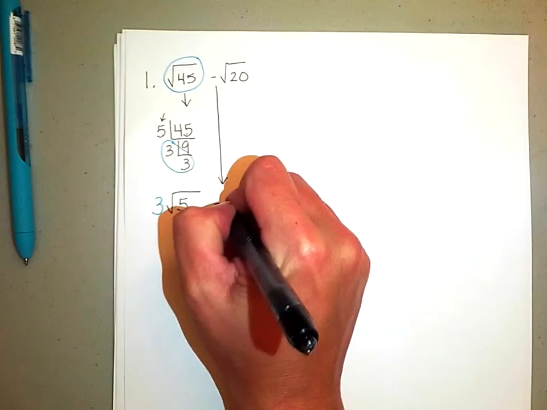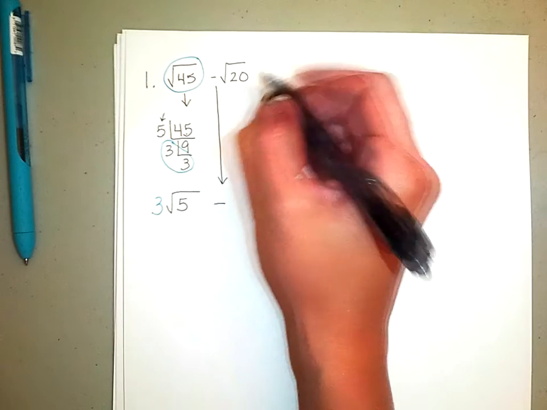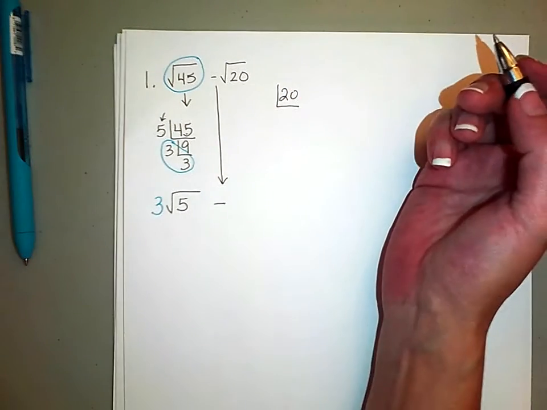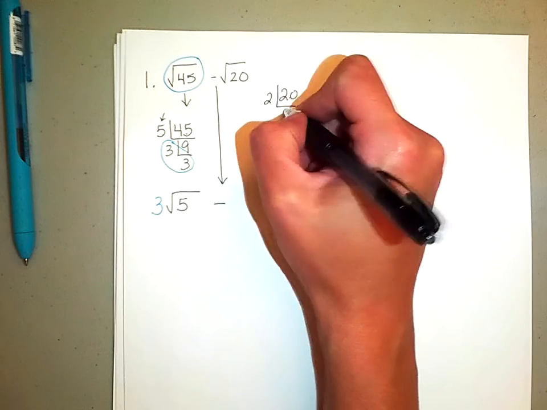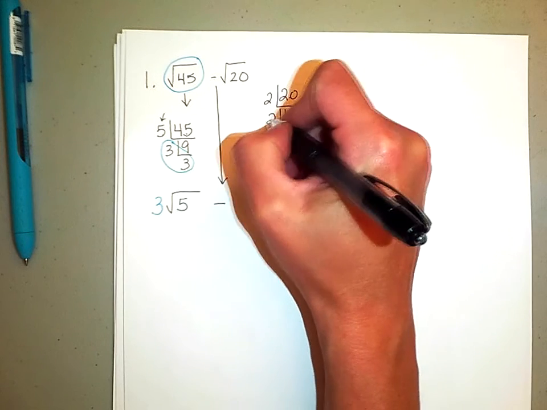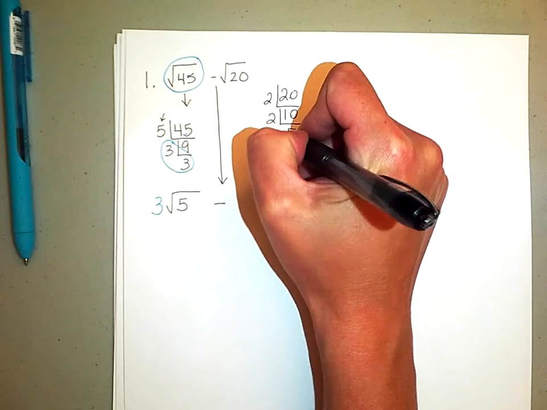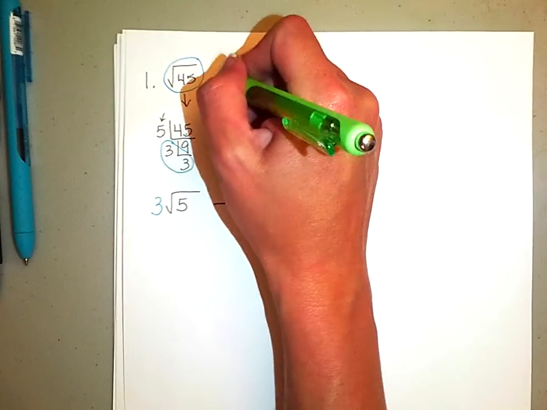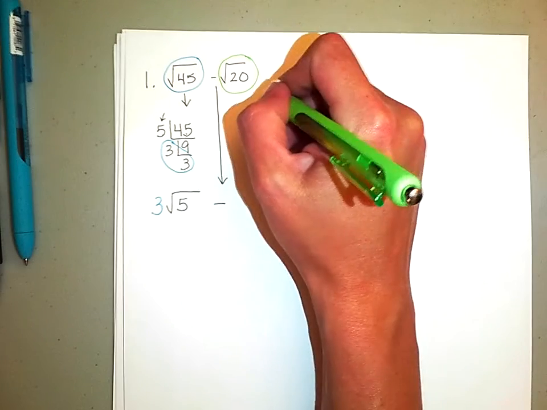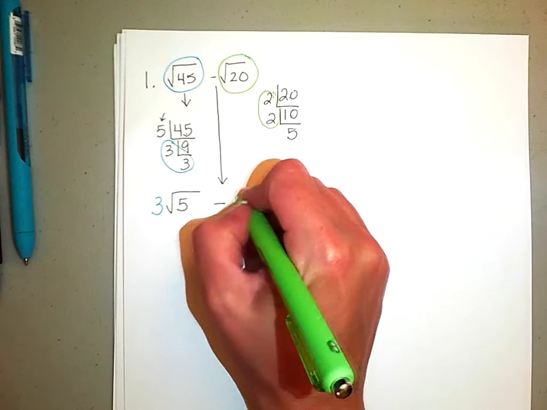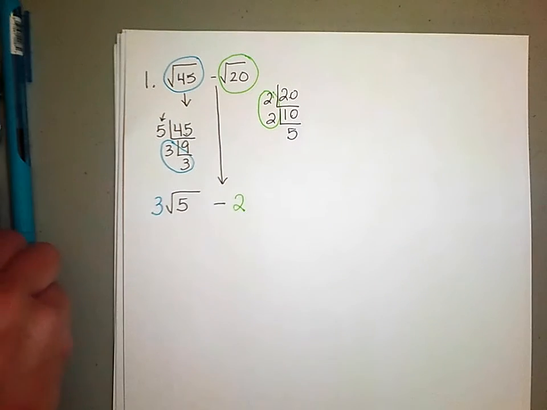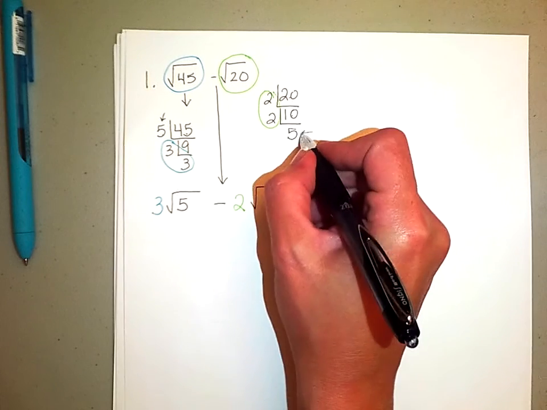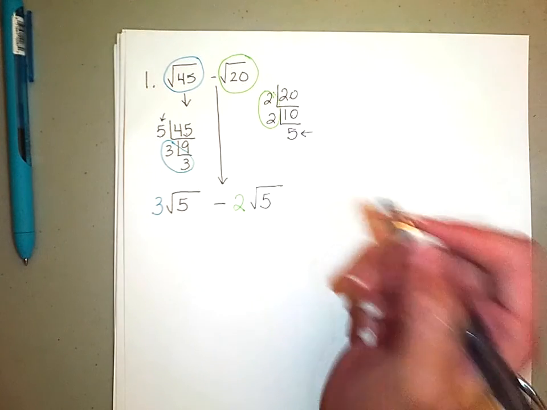Then we'll subtract and simplify 20. Taking the prime factorization of 20, 2 goes into 20 10 times, and 2 goes into 10 5 times. So the square root of 20 can be simplified by pulling out a 2, and anything left over, in this case again a 5, goes underneath.